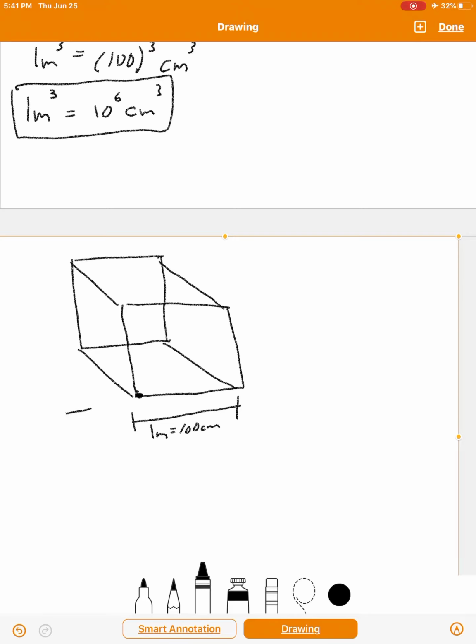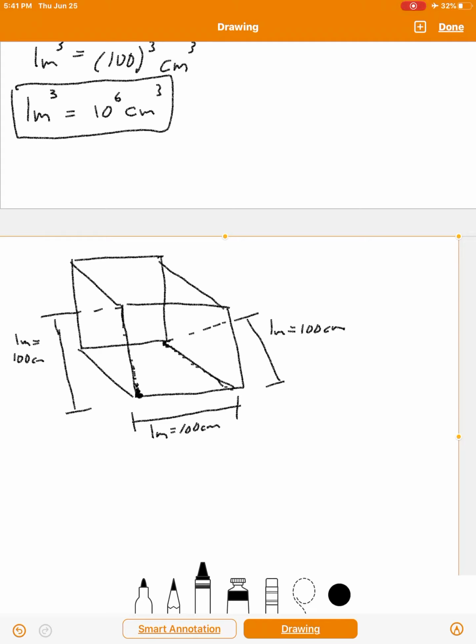But then here a meter is 100 centimeters. So if we're going up, there's going to be 100 of these centimeters all the way up to the meter. Okay? And likewise, if we're going from here to here, a meter is 100 centimeters. So, tiny little centimeters to give you a meter.